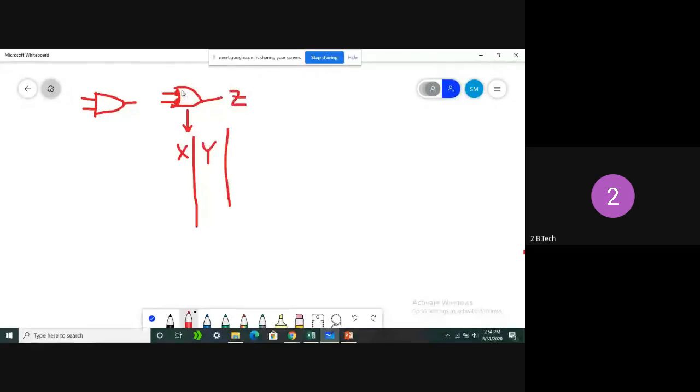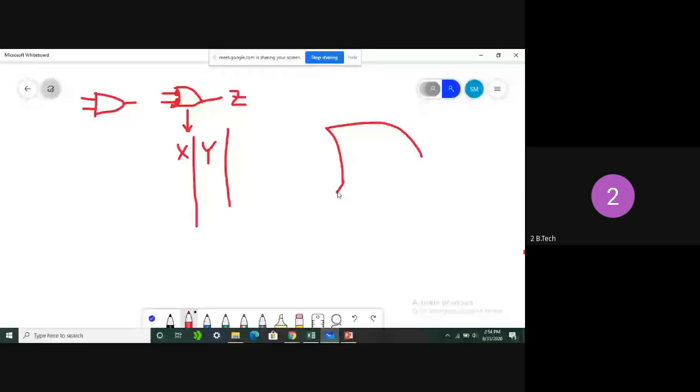Is that clear, everyone? Already I told you the bubble is in. The bubble is also a symbol for the NOT gate. Clear, all of you?